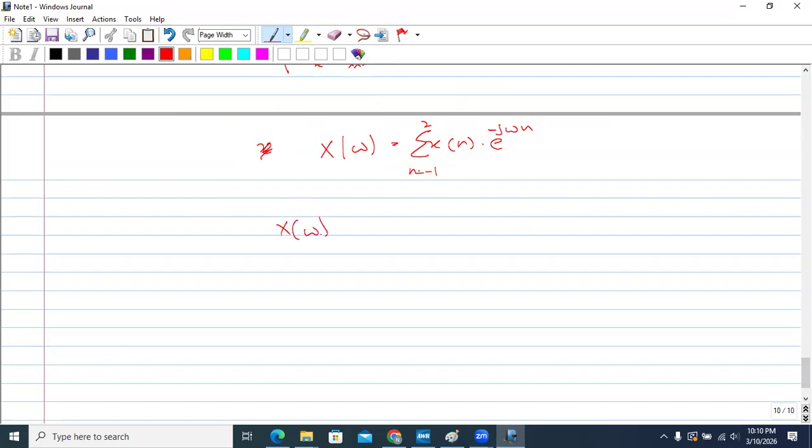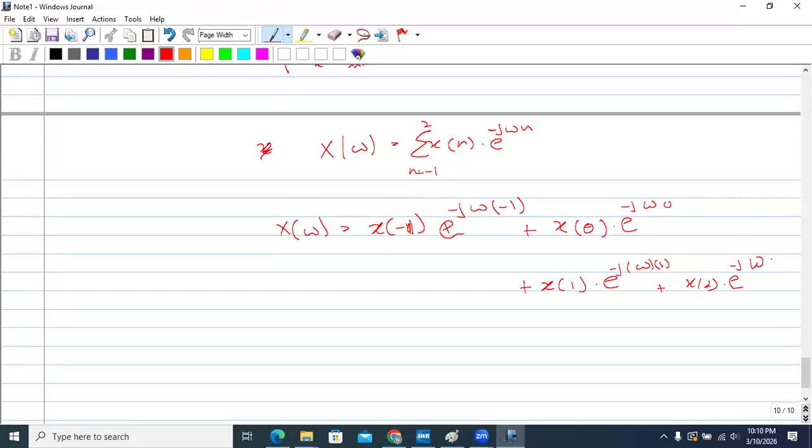So x omega we can write as, this is n from -1 to 2, no? x minus 1 e to the power minus j omega n is -1, plus x0 e to the power minus j omega n is 0, plus x1 e to the power minus j omega 1 plus x2 e to the power minus j omega 2.